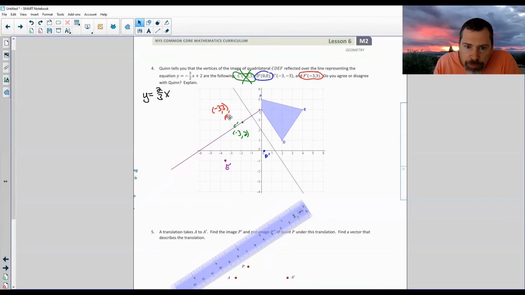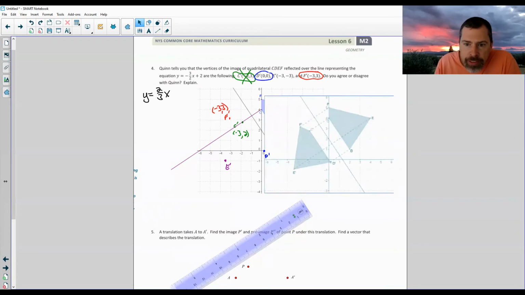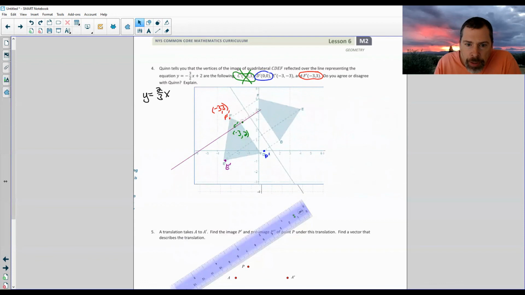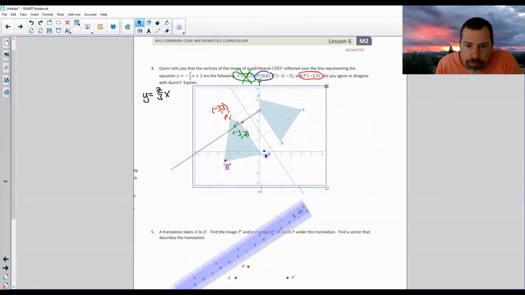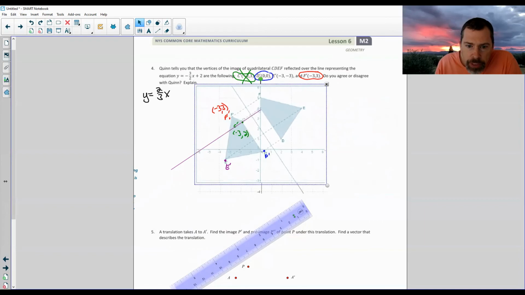C prime, F prime, E prime, D prime. So what it will look like is this here. My point should be pretty close to this drawing if I scale it properly. Okay, it's close, but it's not exact.